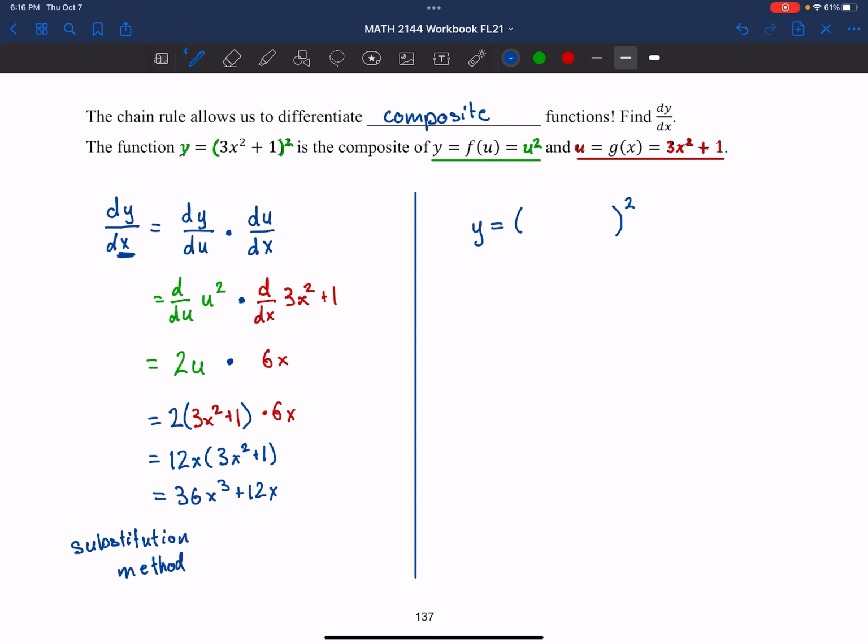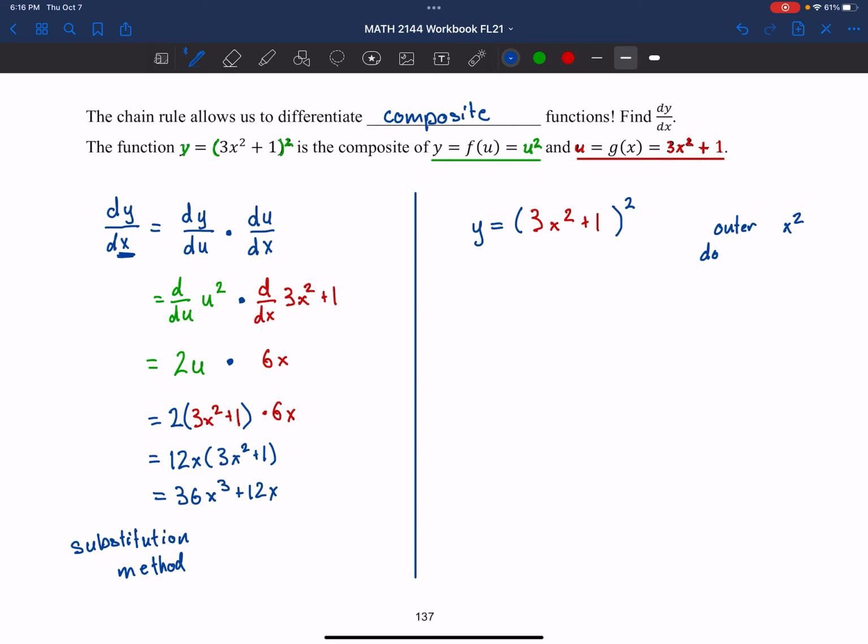We have y equal to (3x squared plus 1) all squared. So realize that our outer function is just going to be the x squared. So I'm not going to necessarily think about it in terms of u. I'm just going to say, okay, my outer function is going to be x squared.